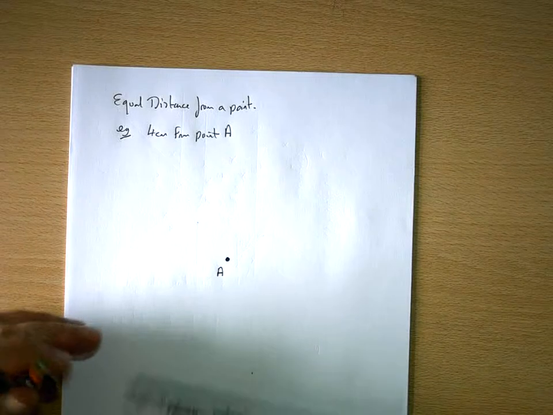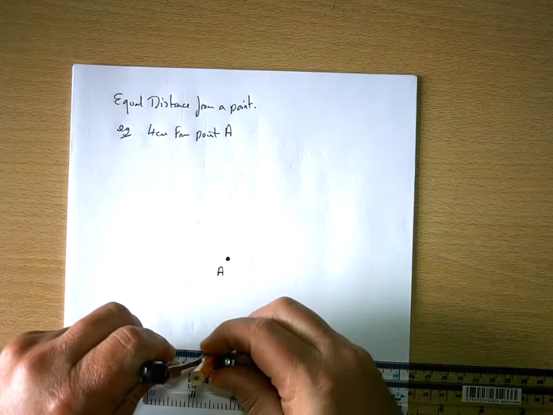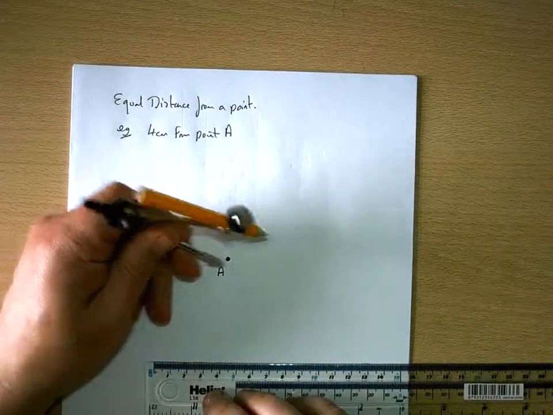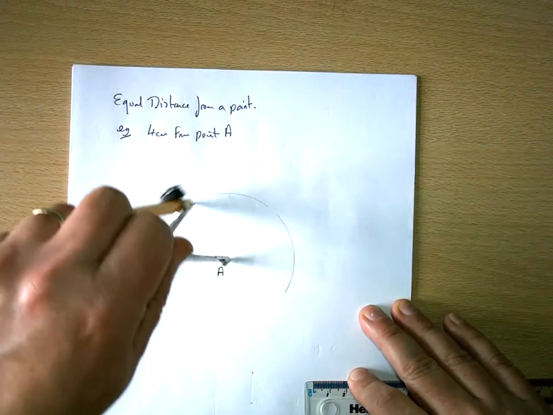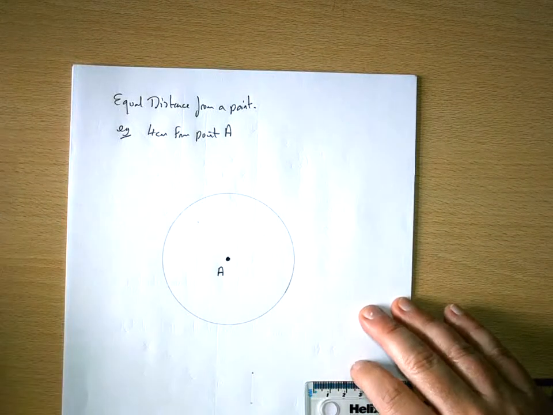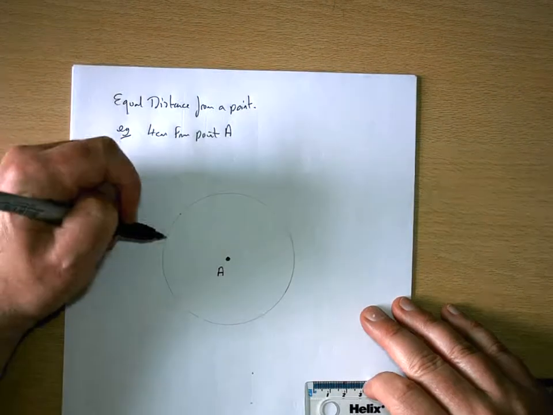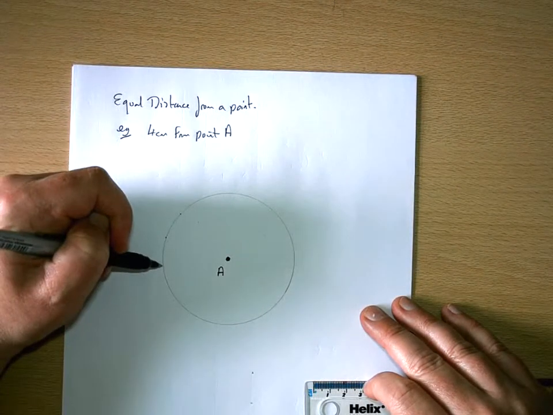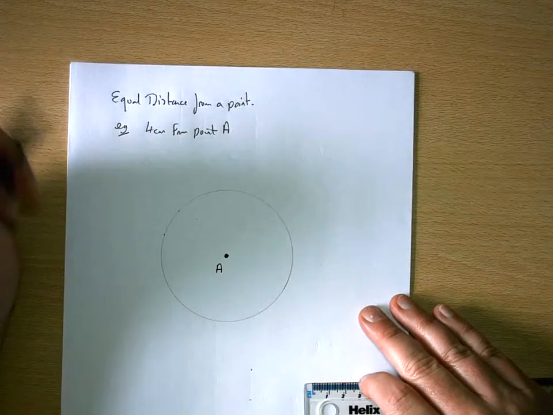So what you'd have to do is get your compass, open it out to 4 centimeters, put the point at A and draw a circle like that. So basically what we're saying there is wherever I am on that circle, I am going to be exactly 4 centimeters away from that point A.